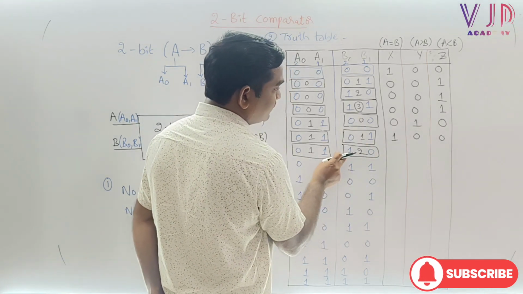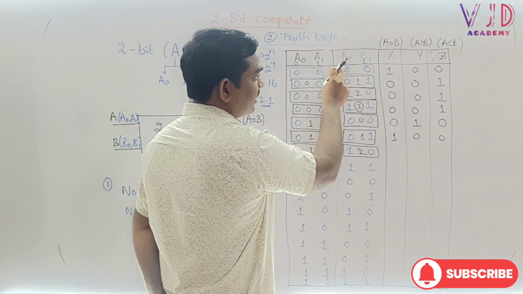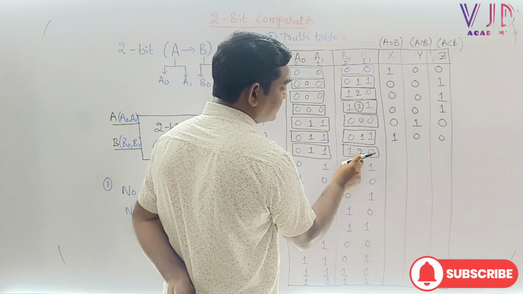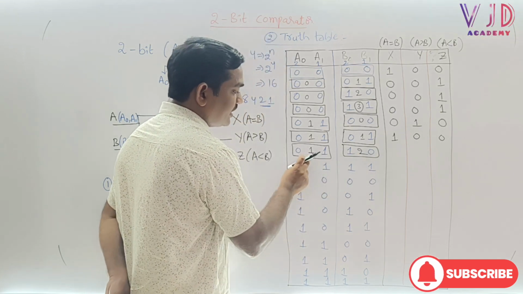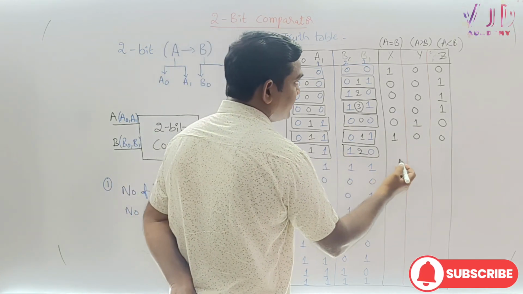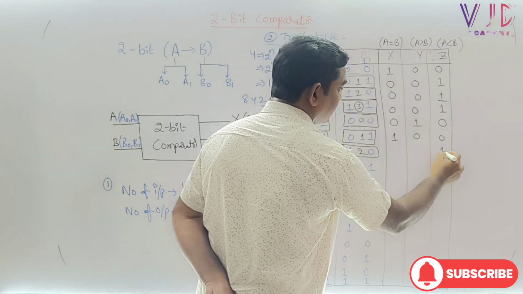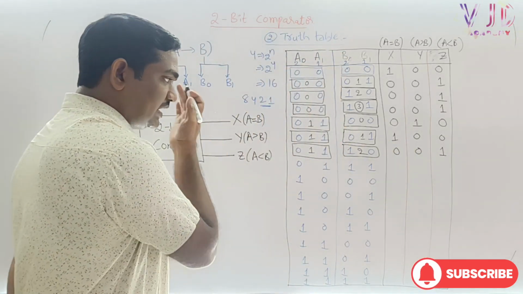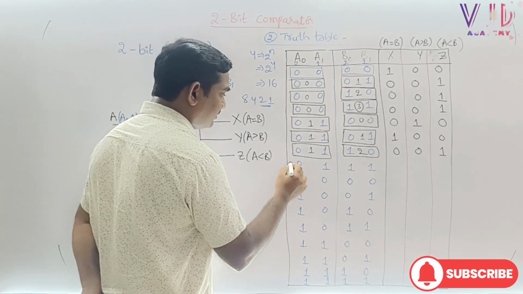According to 8421 code, this one is at 2's place, so this weight is 2. When we compare A and B, here B is greater, so we need to take 1 here and both other things are zeros. And now sir, let us try to understand the third one.